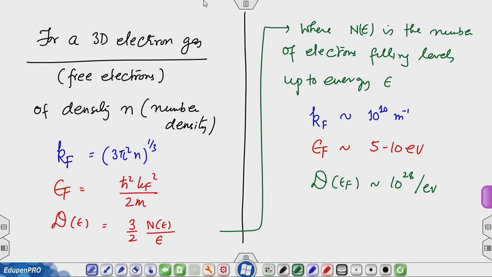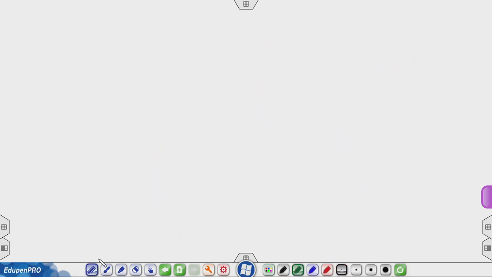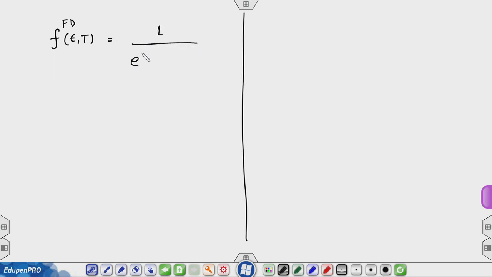Now, I want to spend some time on the Fermi-Dirac distribution and its derivatives, because that's what we will be using in this lecture. So, Fermi-Dirac distribution F for energy E at temperature T is written as 1 over e raised to (E minus mu) over kB T plus 1, and this is for non-interacting electrons.